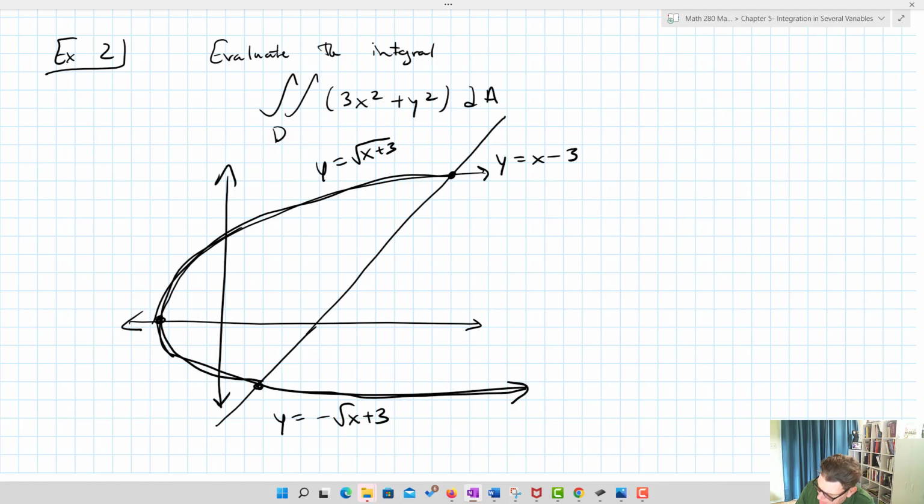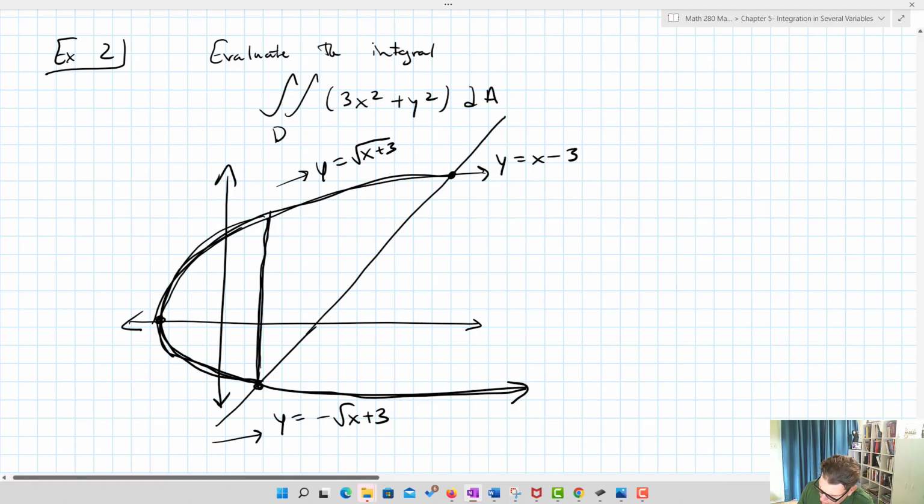If I think about this as a type 1 region, the type 1 region is actually going to have to be broken up into two pieces. On the one hand, we've got this piece right here, the front part, and that integral will have the top function y equals square root of x plus 3, and the bottom y equals negative square root of x plus 3.